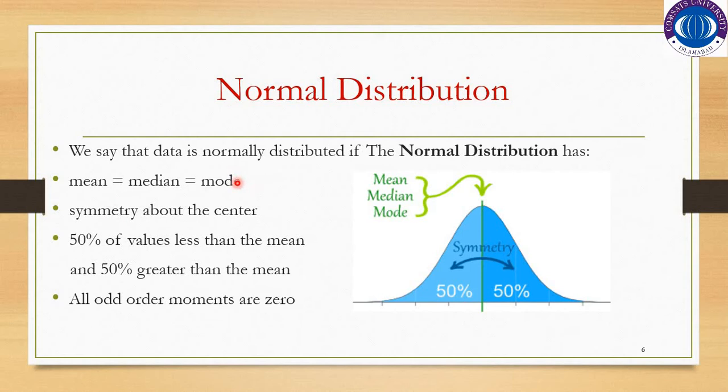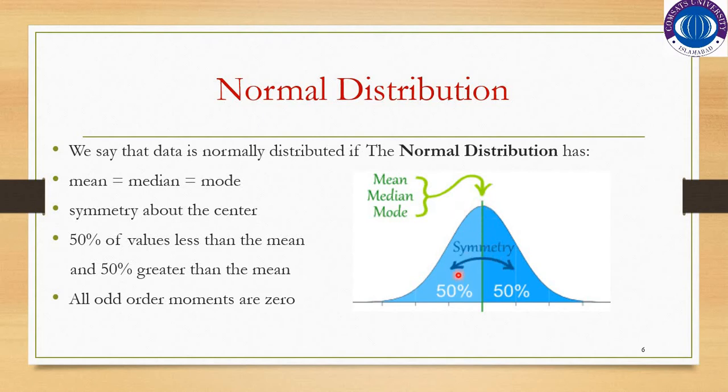All these measures of central tendency should be equal, at the center of the data, with symmetry about the center. 50% of values are less than the mean and 50% of values are greater than the mean, as we know that the normal distribution is bell-shaped and its mean, median and mode lie at the center, at the peak right over here.